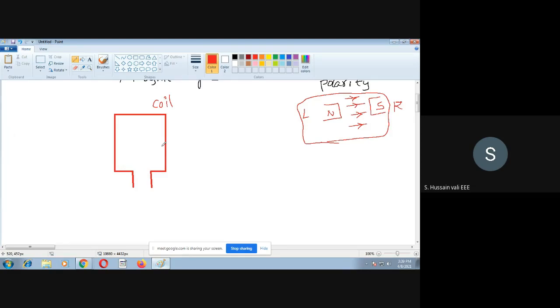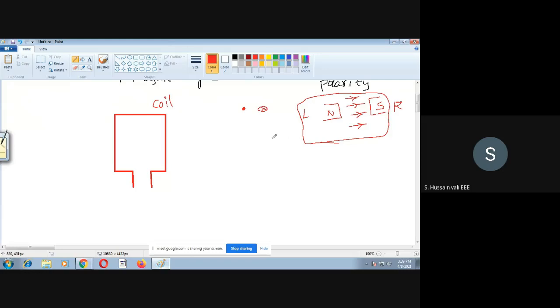It is three-dimensional, which we cannot put on the paper here, sir. But there are some conventions, some symbols they have given. In several textbooks you'll find sometimes the dot like this, and sometimes the cross like this.